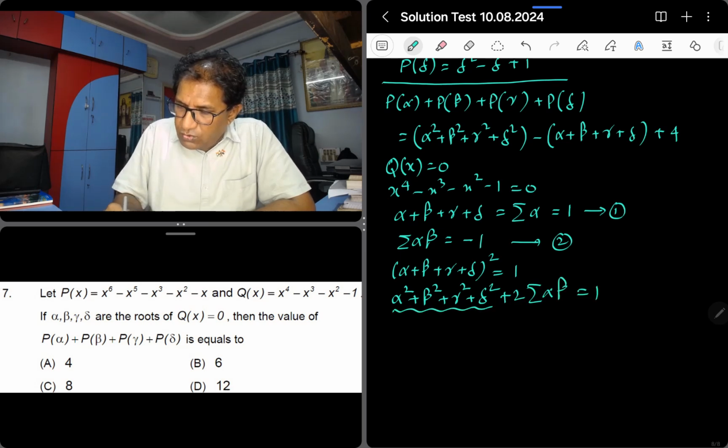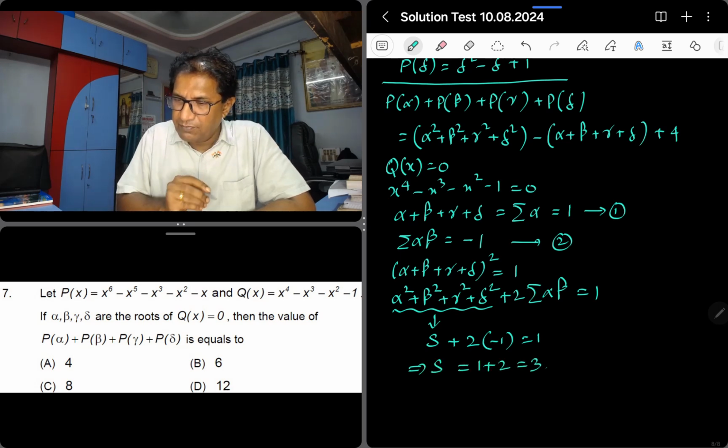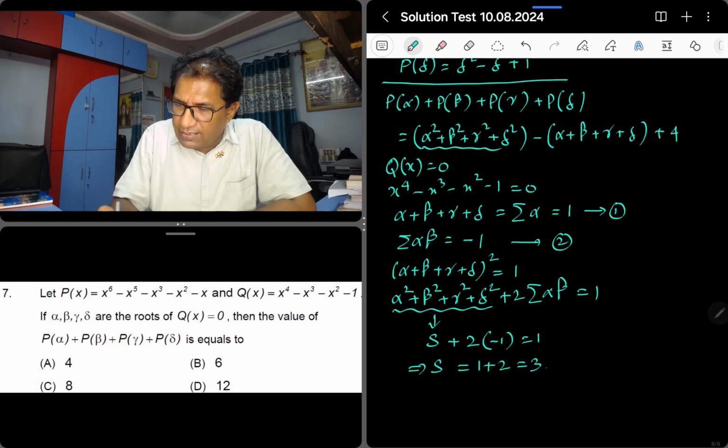So that gives us actually, and we need to find out this. Let me just denote this thing as S. And sigma of alpha beta is minus 1. So we are having S as nothing but 1 plus 2 gives us 3. Therefore, the value of this expression is nothing but 3.